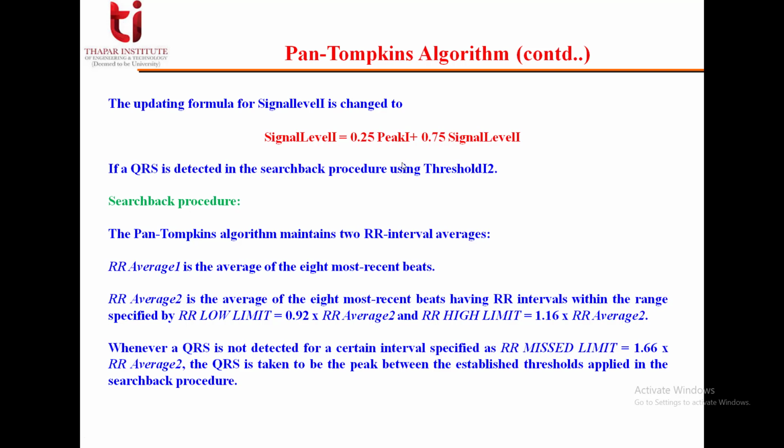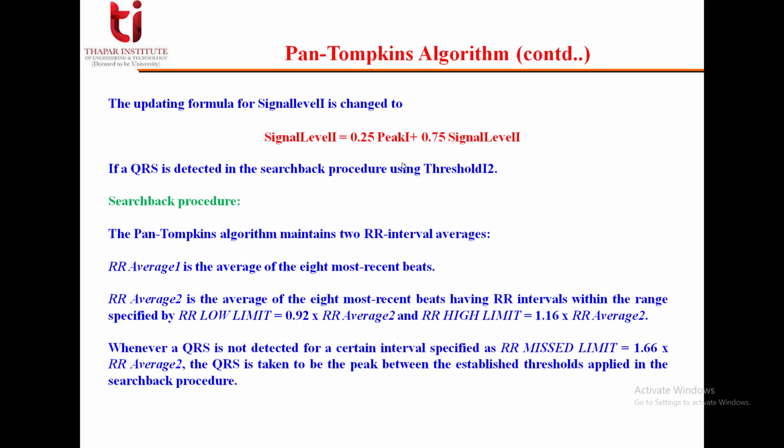Now what is this search back procedure? The Pan-Tompkins algorithm maintains two RR interval averages. One is RR average 1, the other is RR average 2.